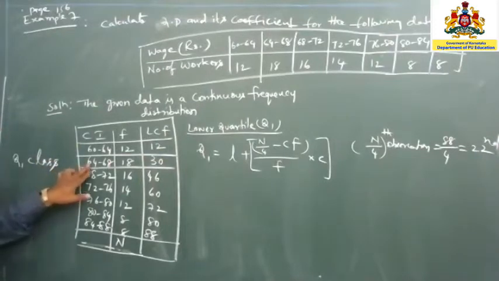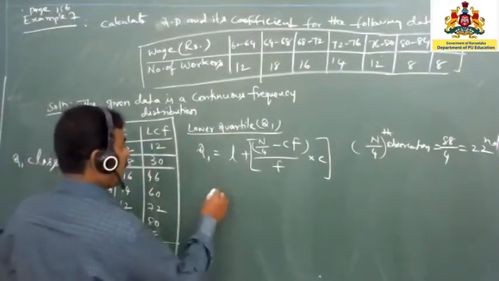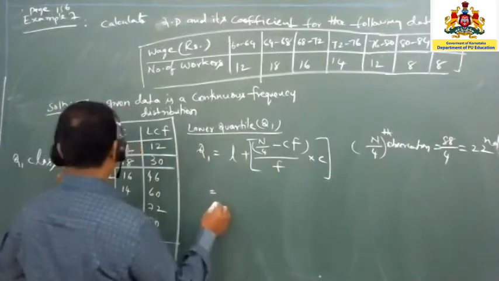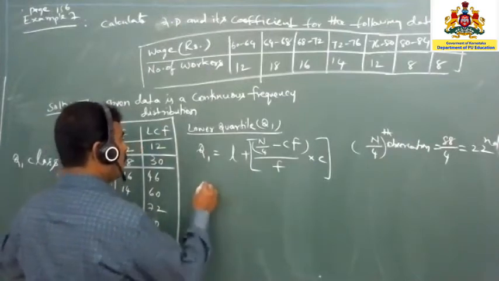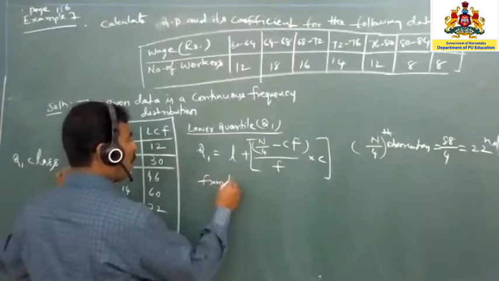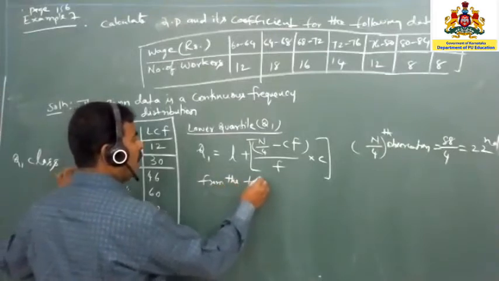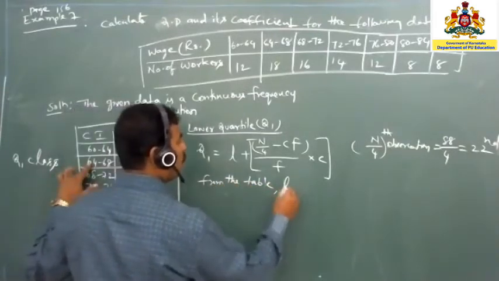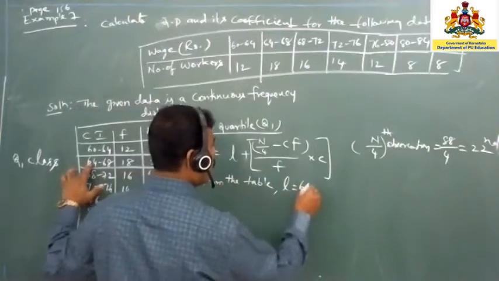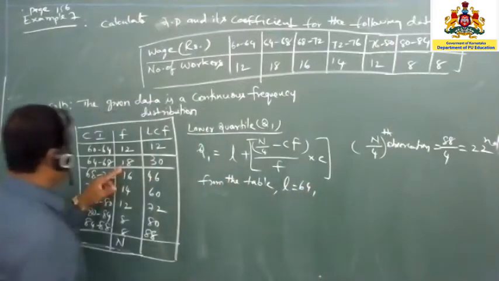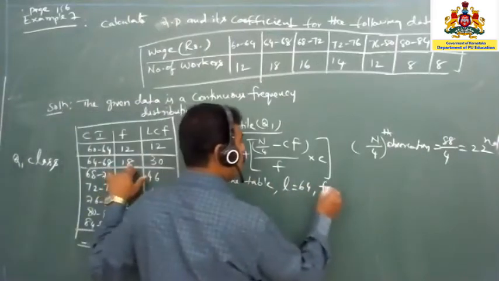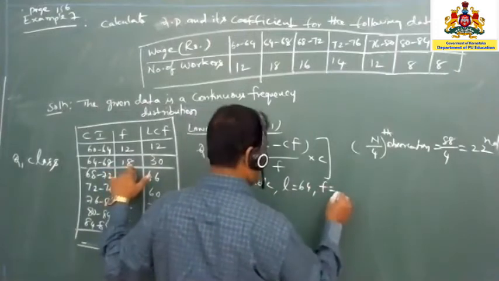From the table, L equals 64. Then F is the frequency of the Q1 class, 18.